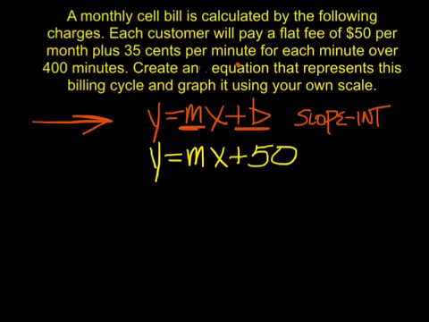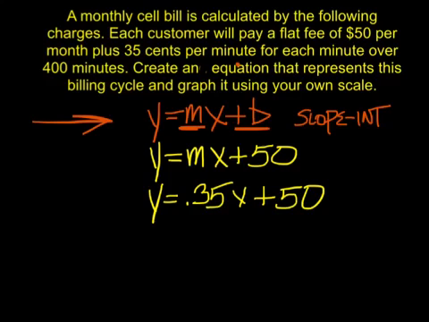It's 0.35, right. So y equals 0.35 x plus 50. But now, as we discovered in the last example, we cannot keep this, because if we multiply 0.35 by the amount of minutes we used in 1 month, it's not going to work out.